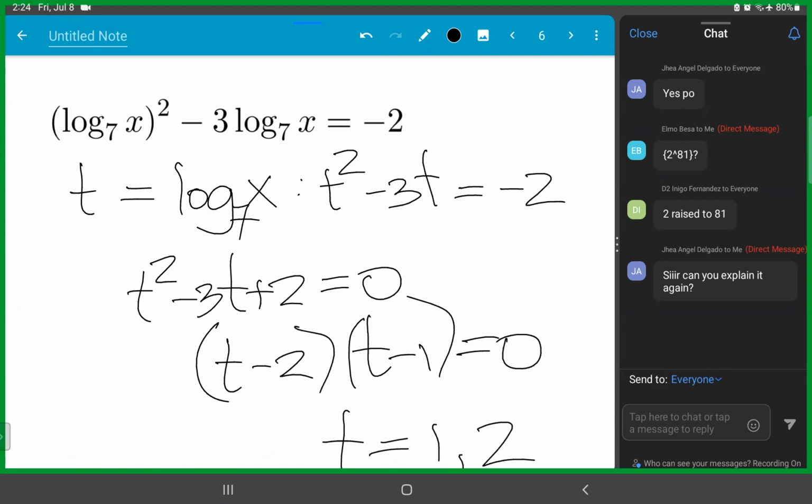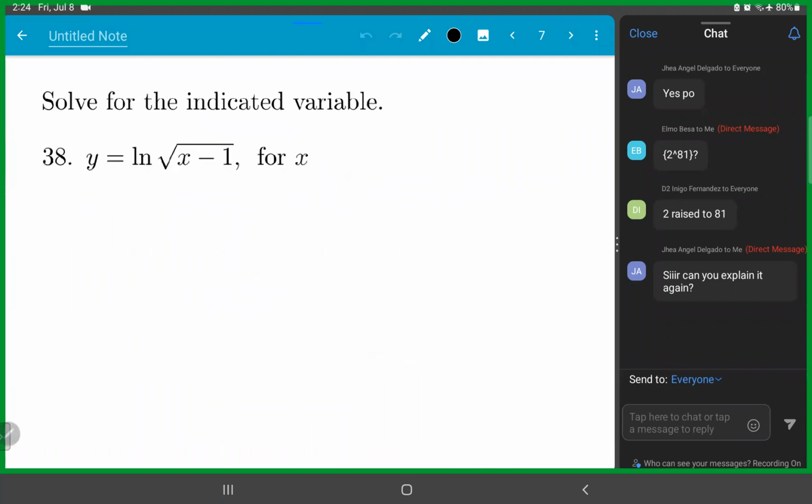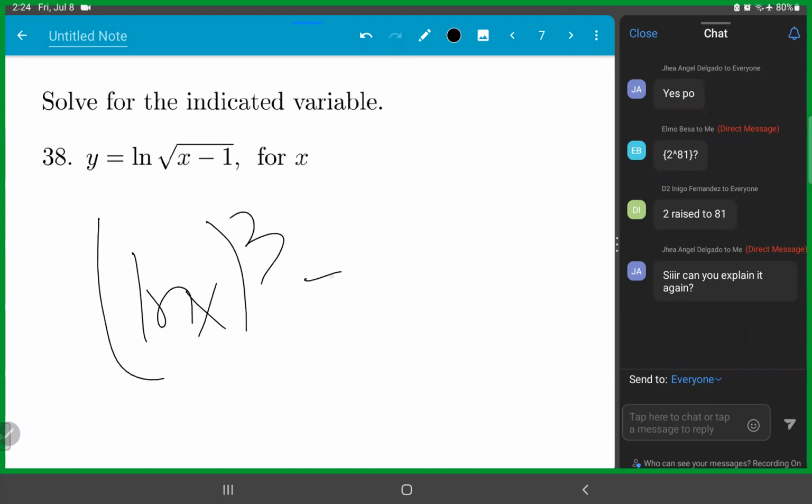Medyo kasi pwede naman tong diretsahan, wala nang dumadaan sa T. Pero para mas makita natin yung problem at ano ang gagawin, nagti-T lang tayo. Hindi naman laging kailangan magganito, pero halimbawa, let's say you have ln x cubed minus ln x equals 2.